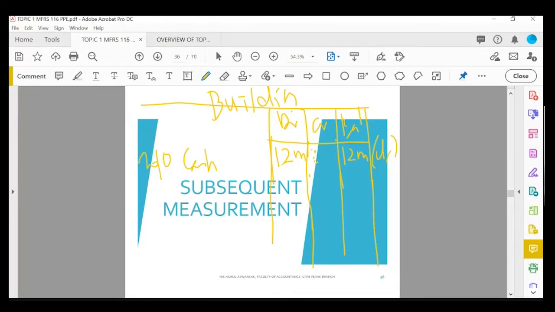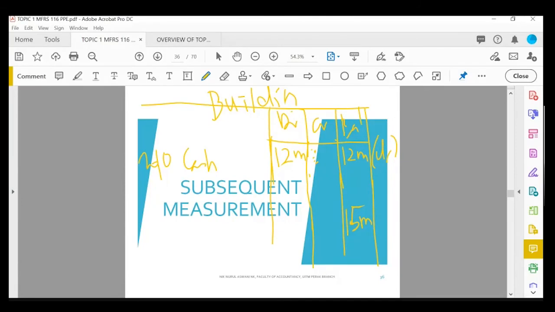The fair value of the asset on the date of revaluation. In this case, we discussed earlier that the fair value is 15 million. So we will replace the cost with the revalued amount, so we replace the balance with 15 million, because we said we will increase to 15 million.